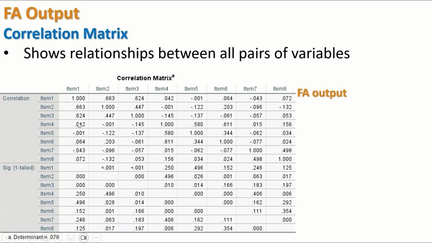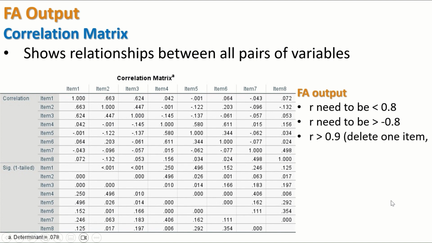A statistical significance value is also given for each paired correlation. So for this output, the correlation coefficient R needs to be less than 0.8 and also greater than minus 0.8. So the reasonable acceptable correlation coefficient between items needs to be less than 0.8 and greater than minus 0.8.